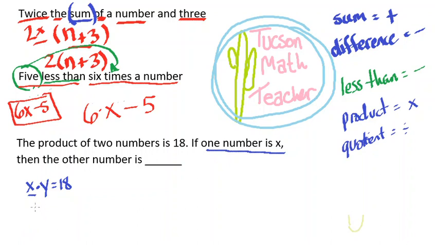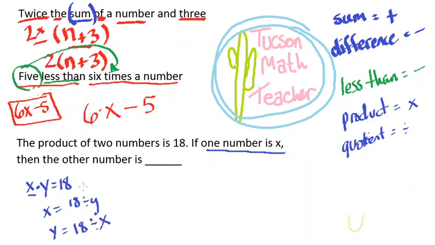So let's just play around with this for just a minute. We have x times y. So we know the relationship between multiplication and division is, if you take two numbers, multiply them together, you get the answer. If you take the answer, divide by either one of the numbers, you'll get the other number. So we could say x equals 18 divided by y, and y equals 18 divided by x.